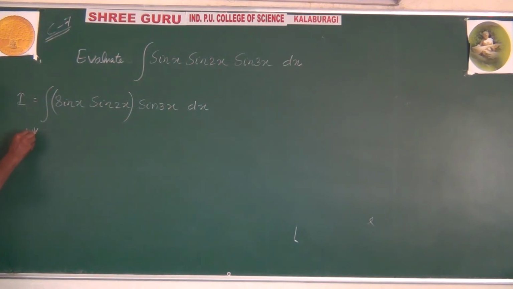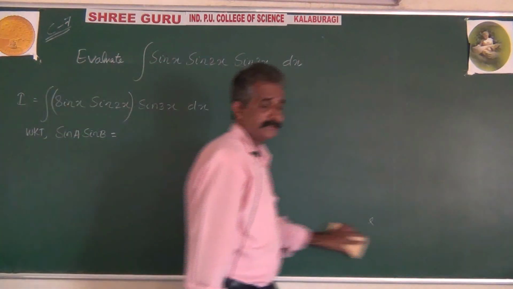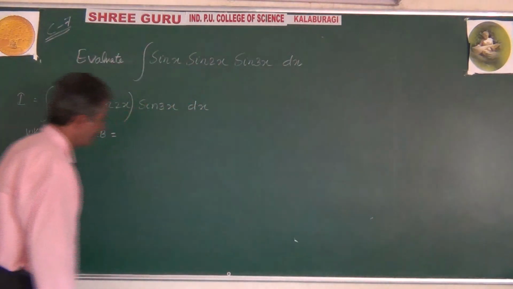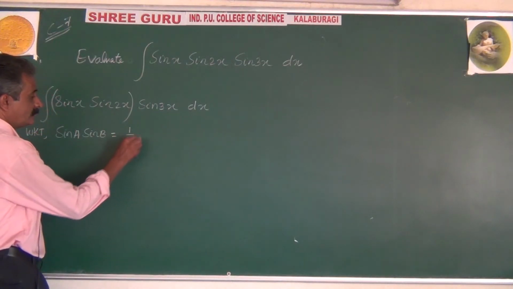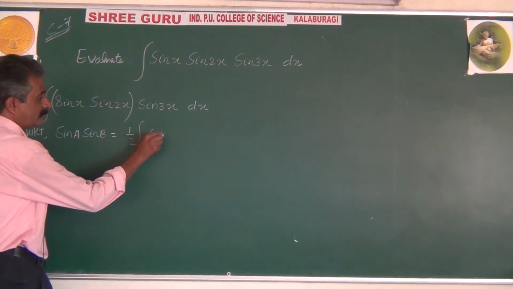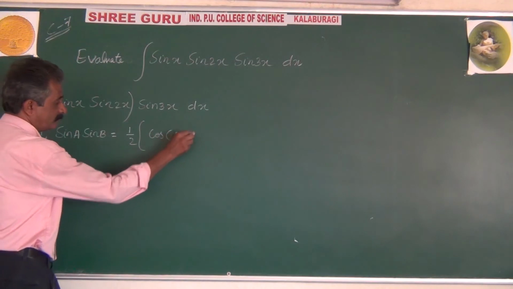We know the sin A sin B formula: sin A sin B is 1 by 2 [cos(A minus B) minus cos(A plus B)].